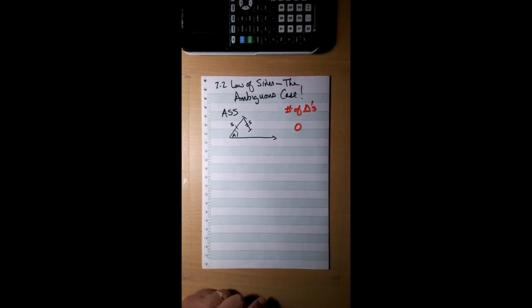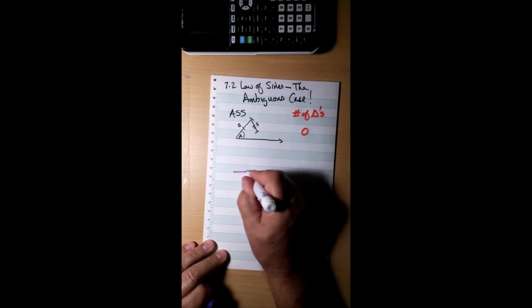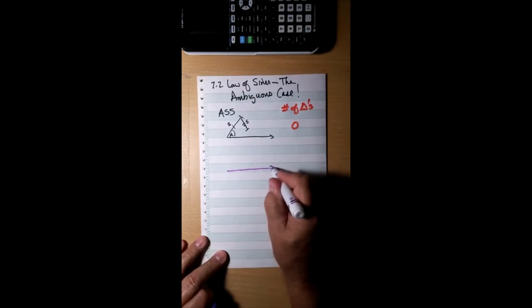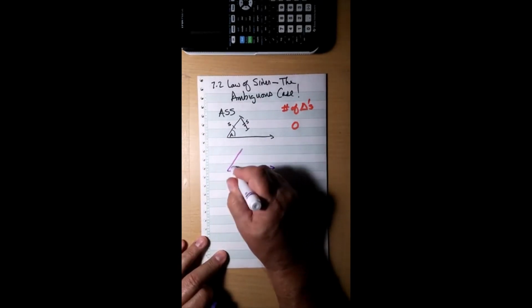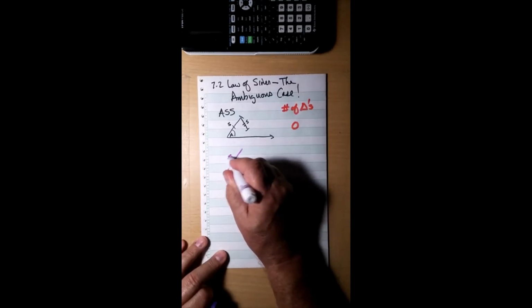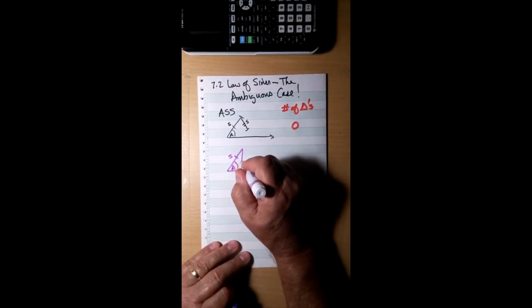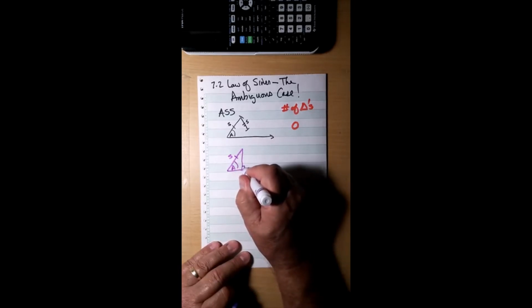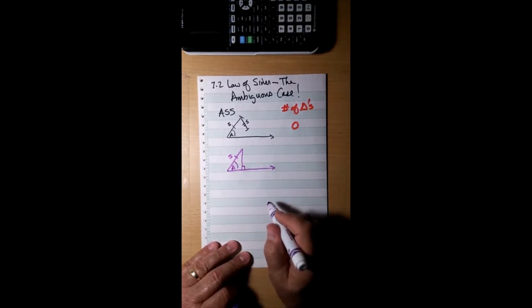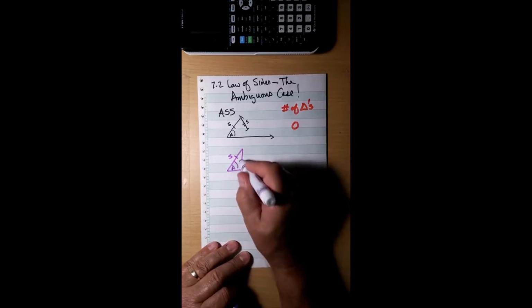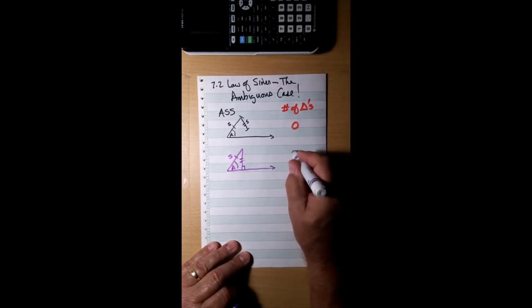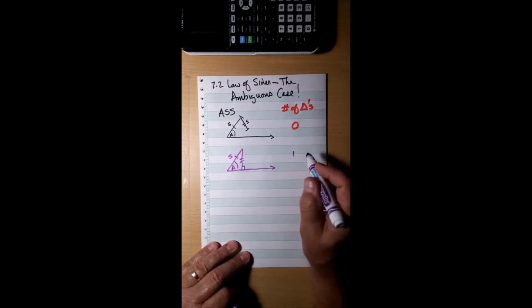Okay, just suppose you have that ray, and the angle is locked in, and the side is locked in. But now you have exactly the right length, so it just touches once. It's really a right triangle. So you have one triangle.